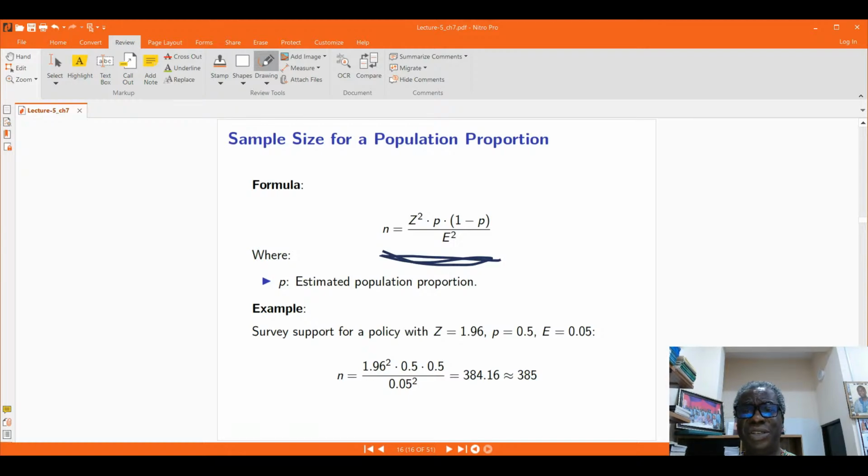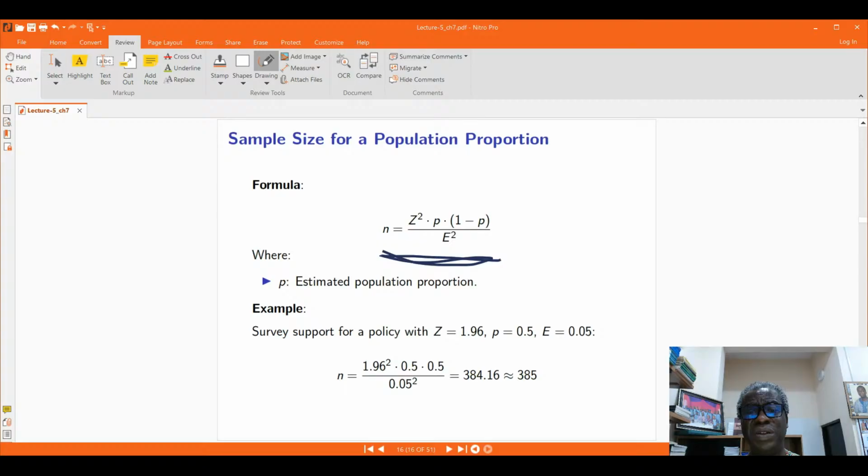Maybe the p is easy to determine. That's the proportion of success, and just 1 minus p. So you have three quantities to determine there: the z-score, the proportion of success, and of course the margin of error. And then you apply the formula accordingly.